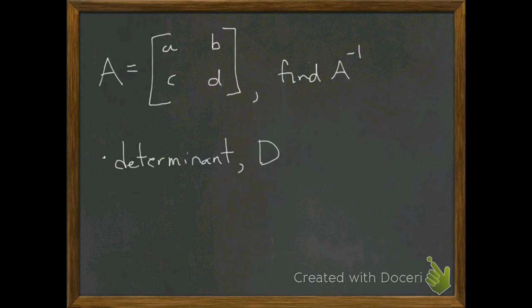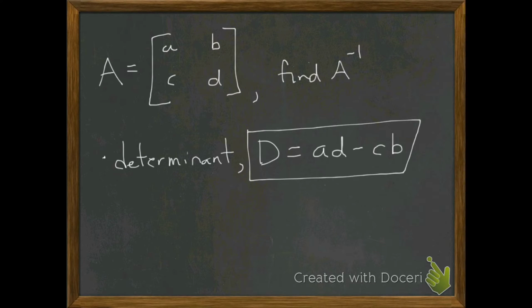So the determinant of this matrix, and we'll let the determinant be capital D, is just AD minus CB. And I'm sure all of you know this.